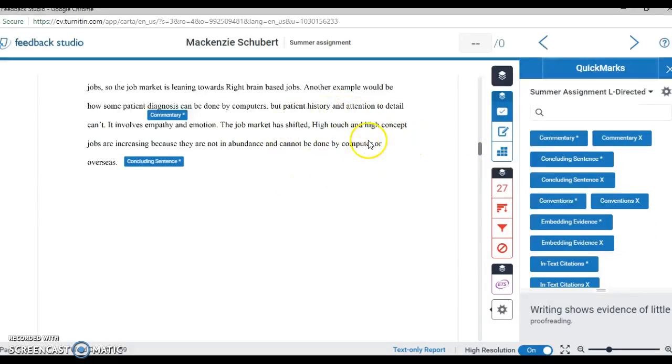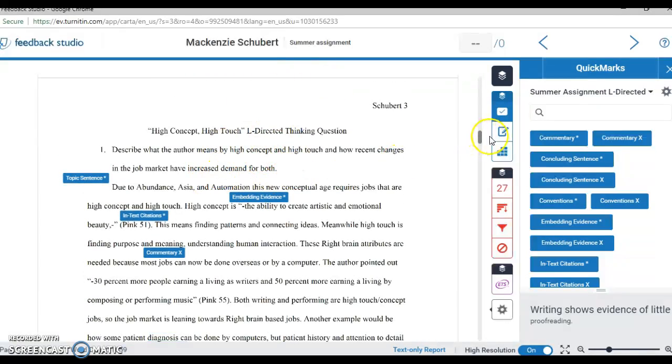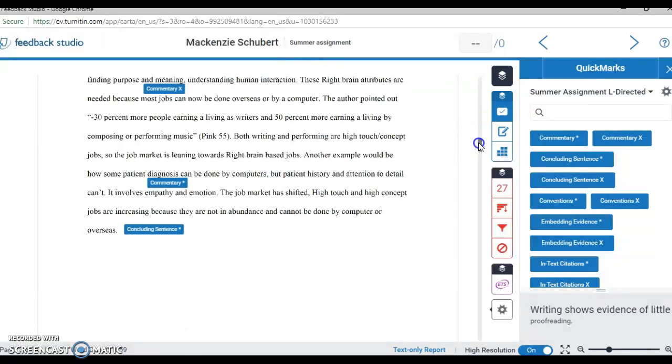Then I actually look at the end of your paragraph for your concluding sentence, because that should also tie back to the question and wrap up the paragraph. Again, I think you were definitely on the right track here. You repeat sort of what you had said in the topic sentence. And that's the only thing I would encourage you to change, maybe don't repeat it quite so directly in the future.